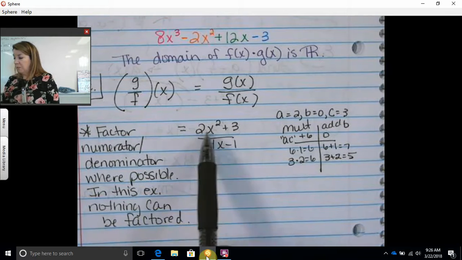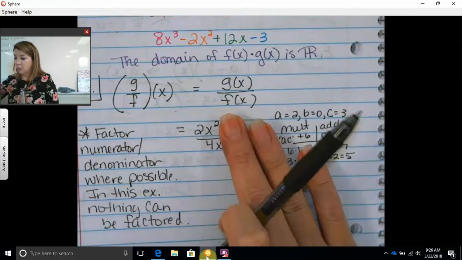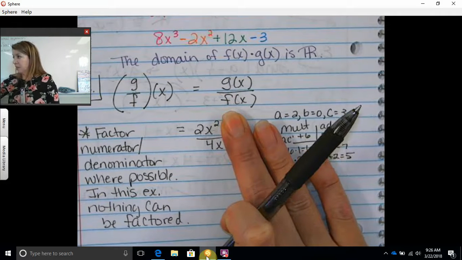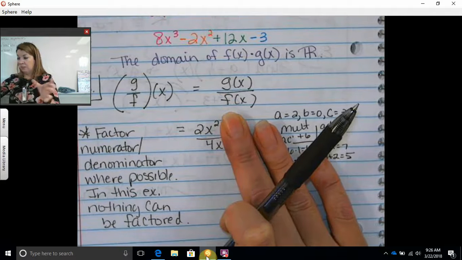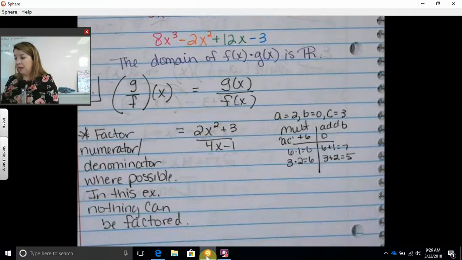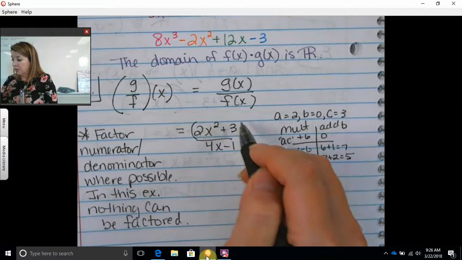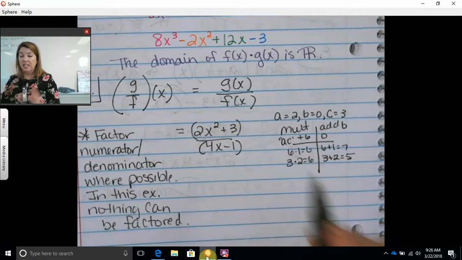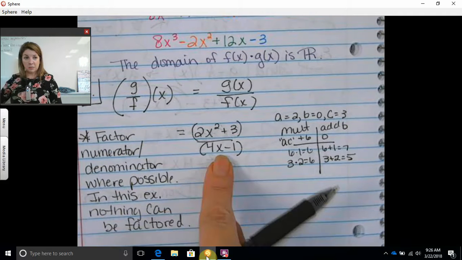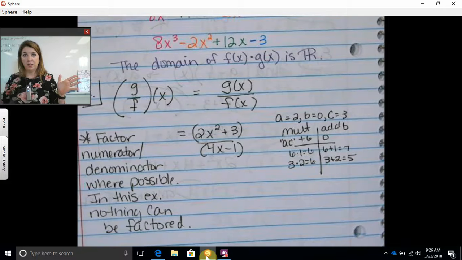No. If it was just 2x squared divided by 4x, I could reduce 2 and 4. I could reduce the x squared and the x. Because a monomial divided by a monomial, you can just reduce parts of it. Though remember, if you have a binomial, put parentheses around it to help you remember, it's all or nothing. 2x squared plus 3 can only be reduced with 2x squared plus 3. 4x minus 1 can only be reduced with 4x minus 1.